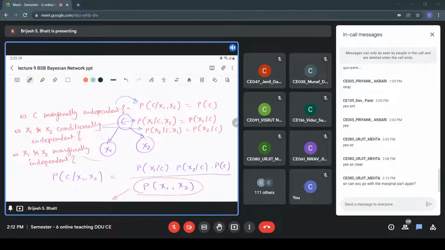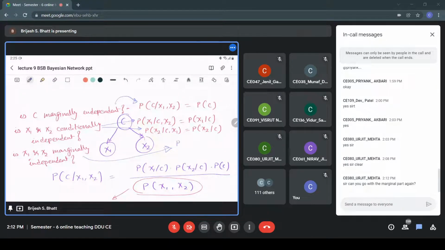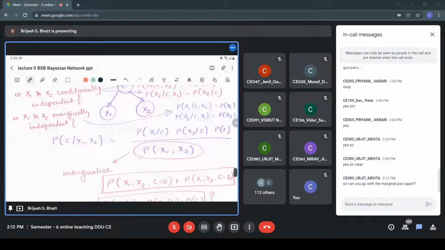And had x1 and x2 been marginally independent, then probability of x1 given c comma x2 would become probability of x1, and probability of x2 given c comma x1 would become probability of x2. I'm just giving you a cue.